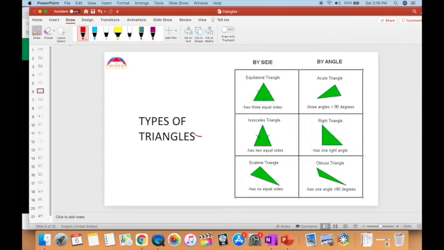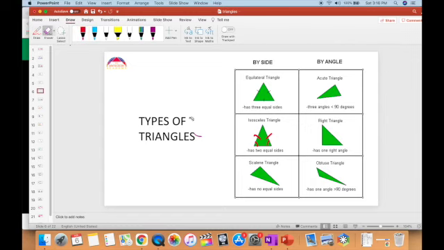Same thing over here. If this side is governed by this angle, then this side being the same length means that this angle will also be the same. So when we're talking about an isosceles triangle, only two of the sides are the same. And that means that the two base angles will be the same.